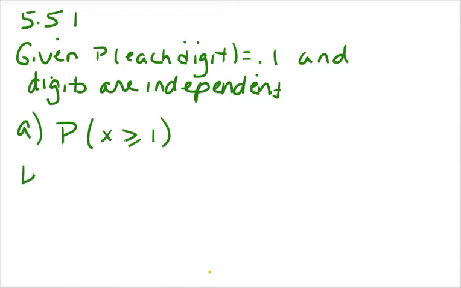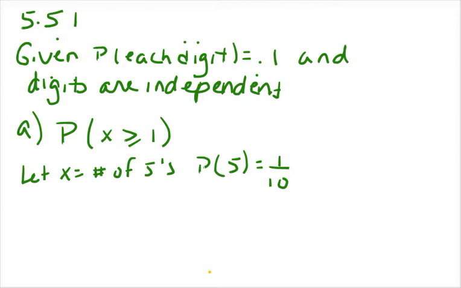The random variable here is you're letting x equal the number of 5s in a group. So a success is getting a 5, right? So the probability of getting a 5 is equal to 1/10.